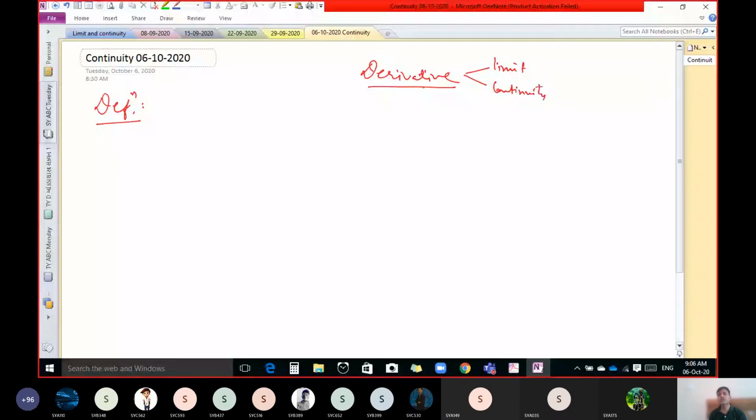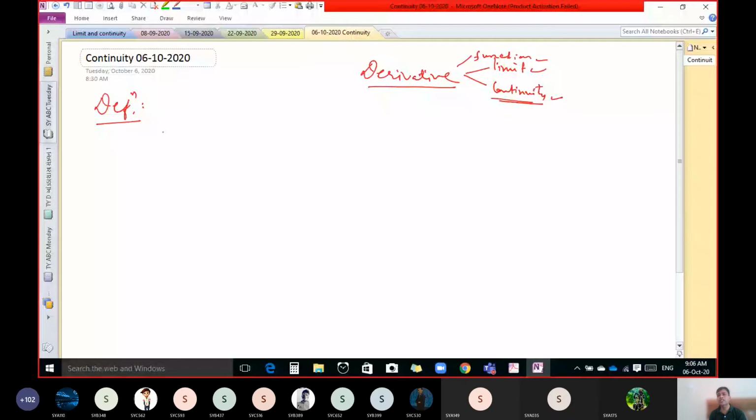There are a number of uses of derivative, but to get the idea about it, we first require an idea about function, then limit, and then continuity. Because the derivative of a function is possible only if it is a continuous function.